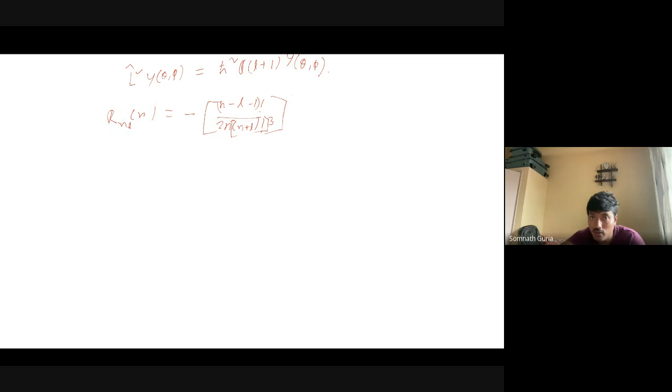You have a square root, and we have 2 over n a0. a0 is the value related to your reduced mass.